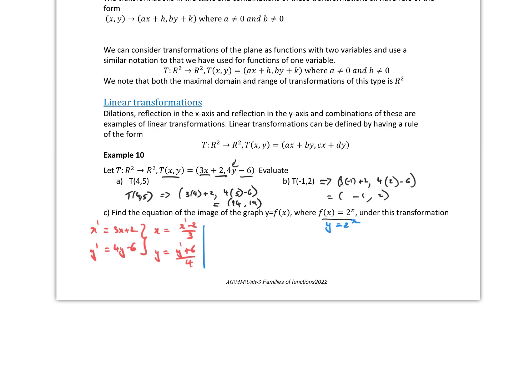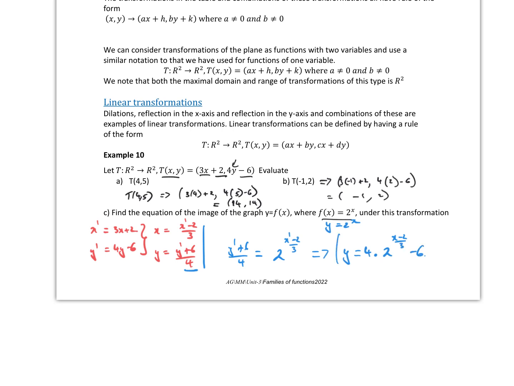Substitute those in, I'll get the y value: (y dash plus 6) on 4 is equal to 2 to the power of the x value, (x dash minus 2) on 3. Rearrange slightly, we'll get y is equal to 4 times 2 to the power of (x minus 2) on 3, minus 6.